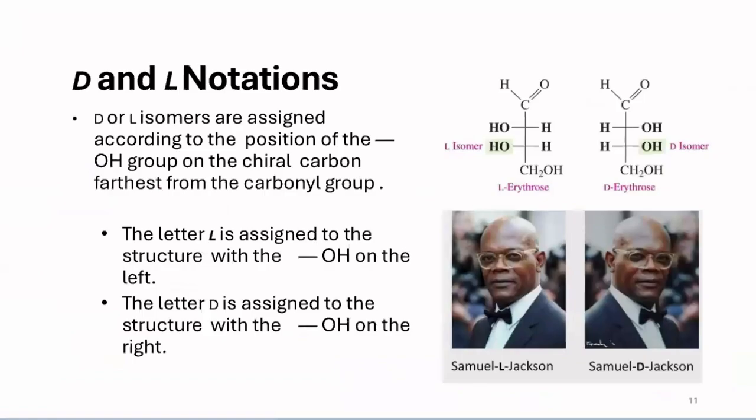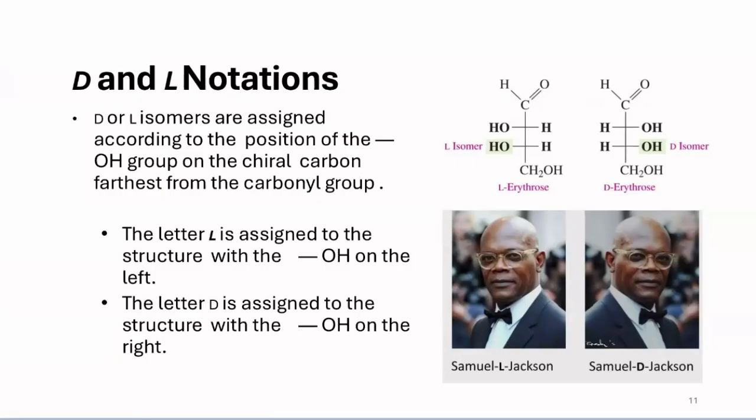Whenever we have a Fischer projection, we can actually define different isomer notations for them. In general, in carbohydrates and in other biomolecules, the D and L notation is what is utilized to define what kind of stereoisomer we have for the molecule.